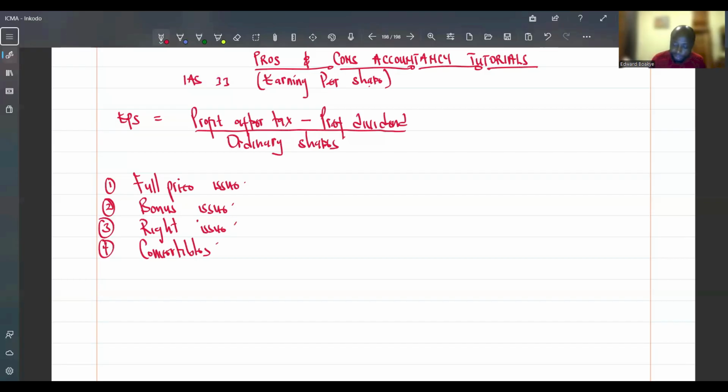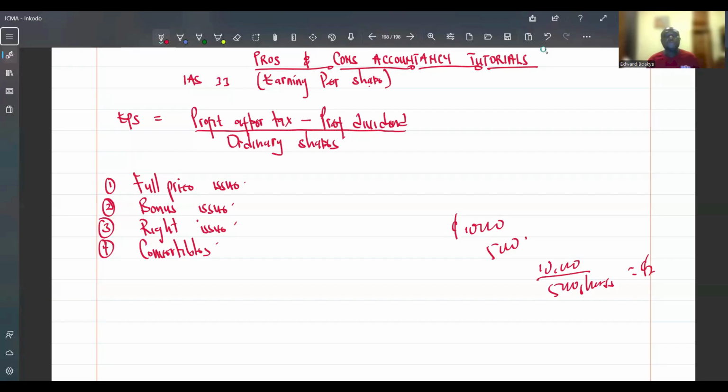If let's say we already had 10,000 Ghana cedis as our profit, and initially we had 5,000 shares, it means we are going to get earnings per share of 10,000 divided by 5,000 shares, giving us 2 per share.